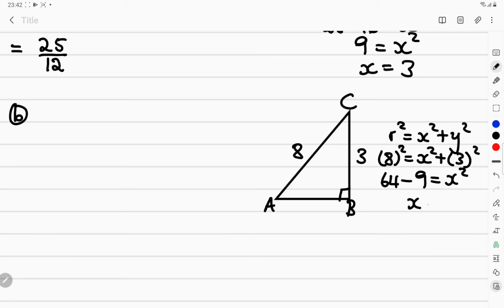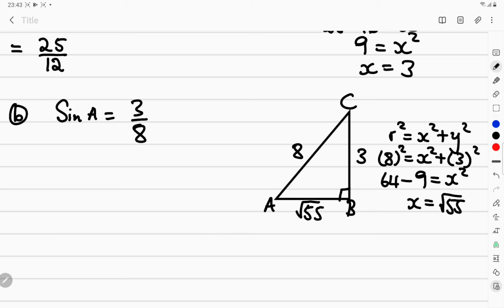Then x will be, not 70 but 55, so square root 55. So here we're going to write square root 55. This is what was given: sine A equals 3 over 8.